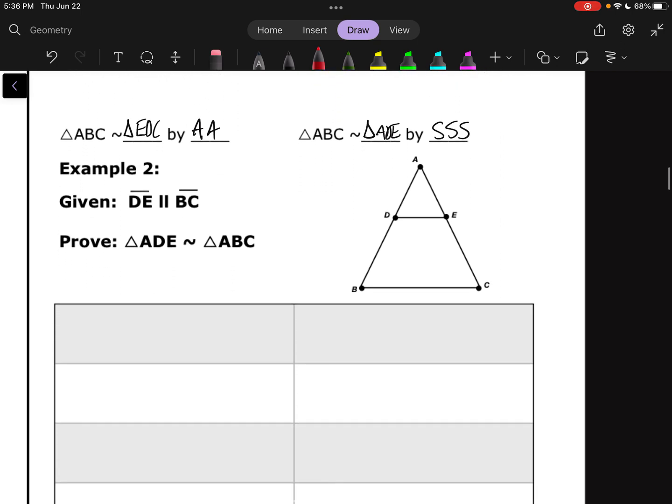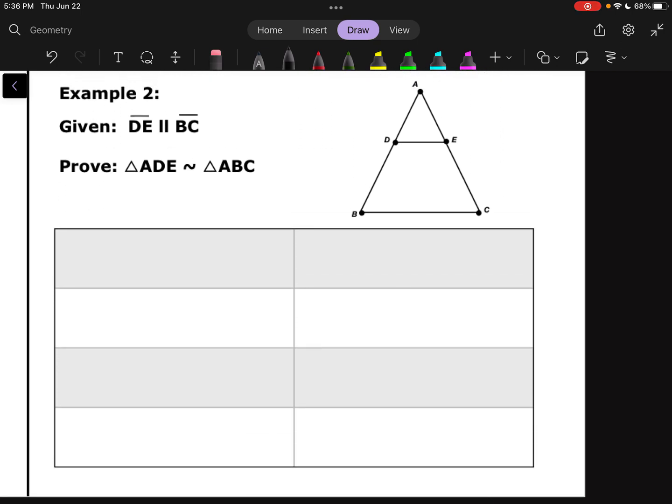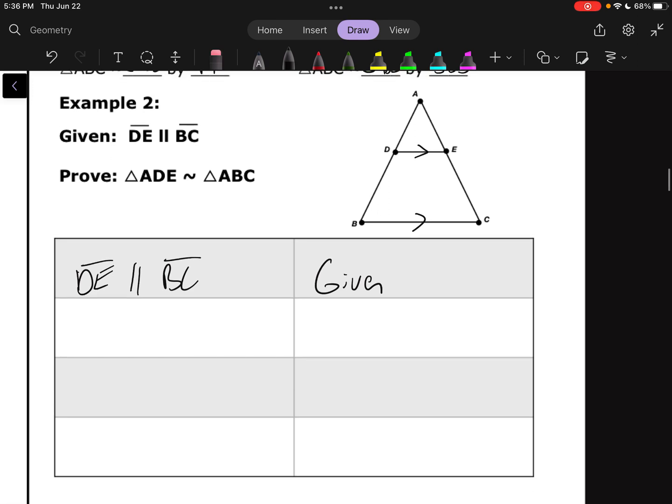All right, and then our proof here, we've got DE parallel to BC. And we're trying to prove that these triangles are similar. So a couple different ways you could have spotted angle A up top. They share angle A, so you could have done the reflexive property.